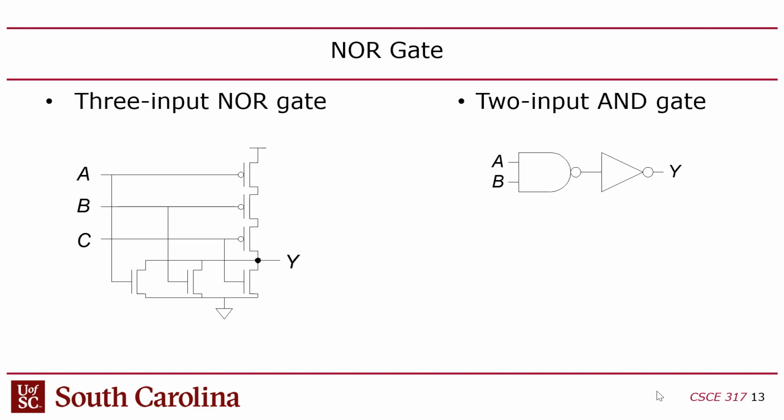You guys with me? And then the drain is connected to the output, to Y, the output of the gate. Now, if you look at the pull-up network, the source is connected to VDD, and the drain isn't connected to the output because the drain is actually connected to the source of the next transistor because these guys are in series. Does that make sense?